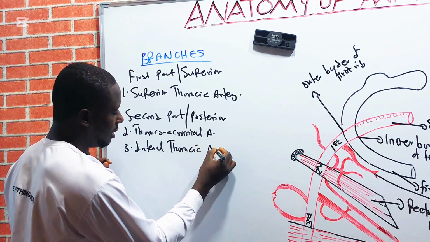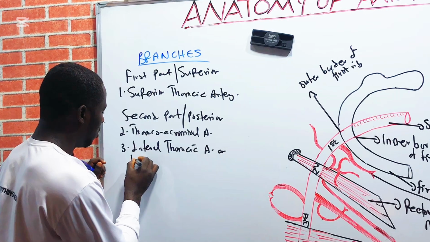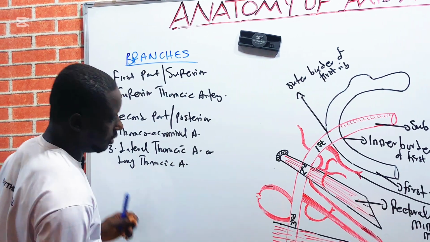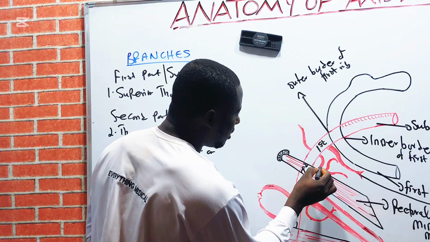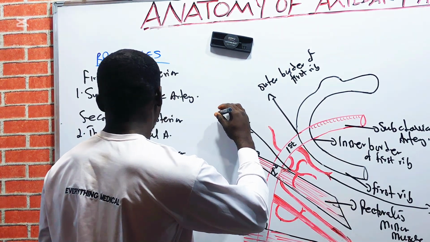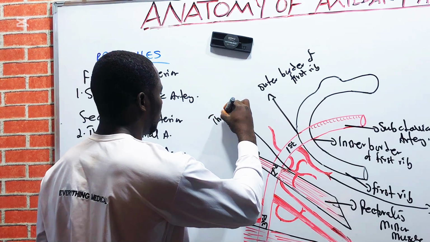Lateral thoracic artery or long thoracic artery. Okay, this is the acromiothoracic artery or thoracoacromial artery.